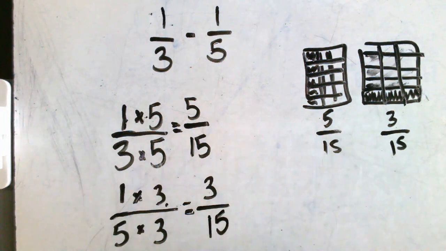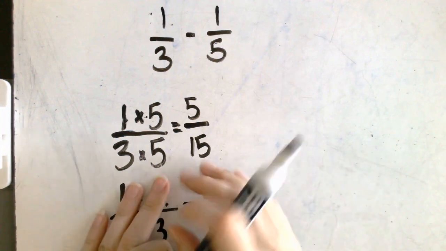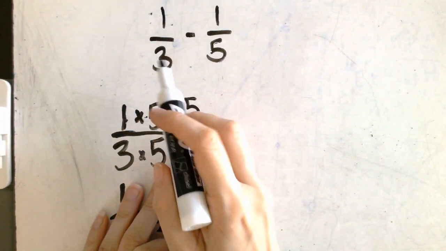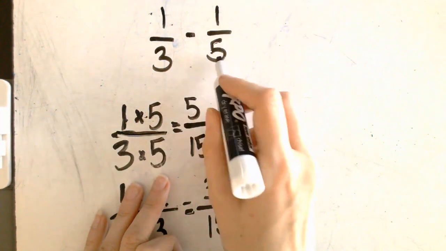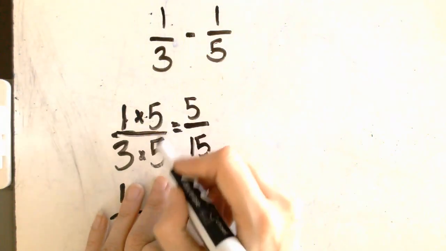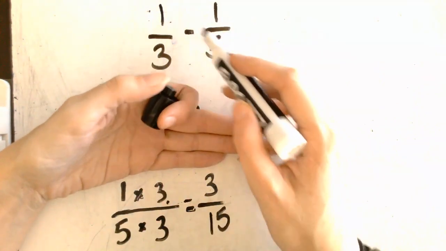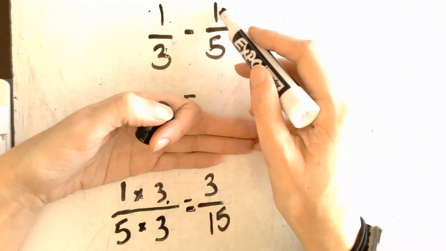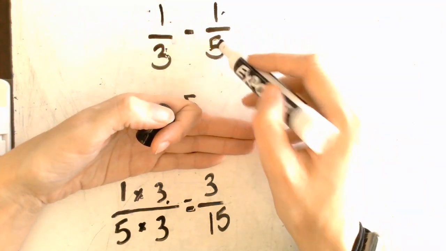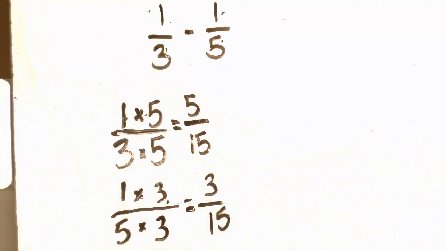So we did use our picture the first time through, but instead of using the picture, we can look at the opposite denominator. 1/3, the opposite denominator is 5. It tells us to multiply 1/3 by 5. Same with 1/5. We had to look at the opposite denominator, 3, and multiply our 1/5, our numerator and denominator, by the same number to get 3/15.